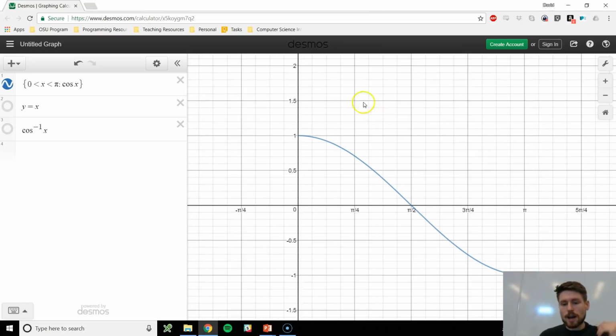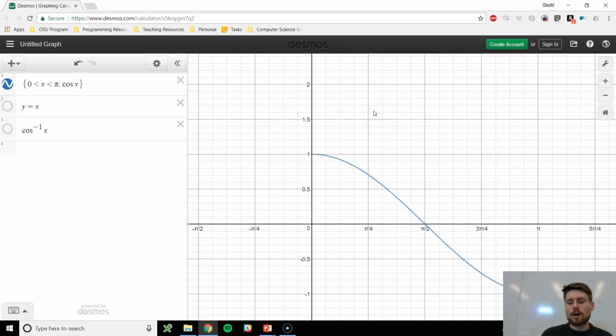Remember, cosine's graph goes from negative infinity to positive infinity, and it repeats a bunch of times, so it's very much not 1 to 1. If we want to make it 1 to 1, we just take a snapshot close to 0, where it passes the horizontal line test. So starting at x equals 0, we can go all the way to pi before we fail the horizontal line test.